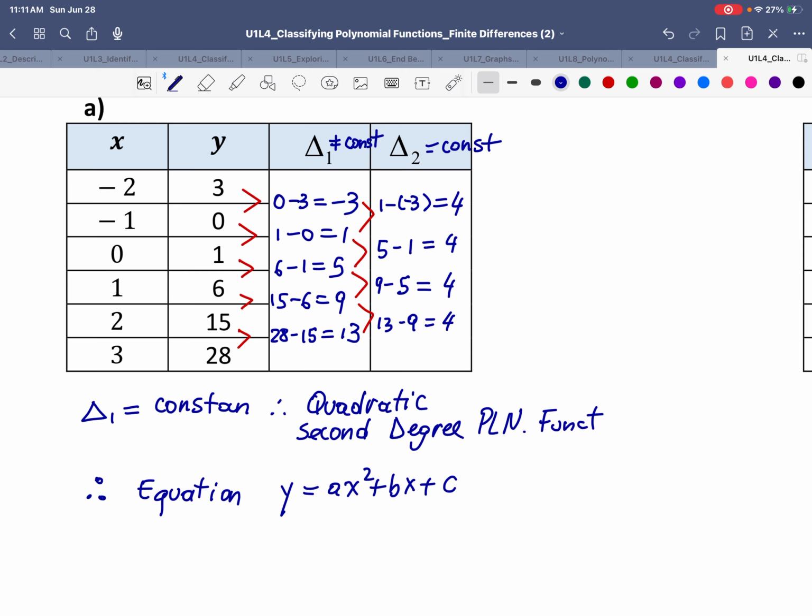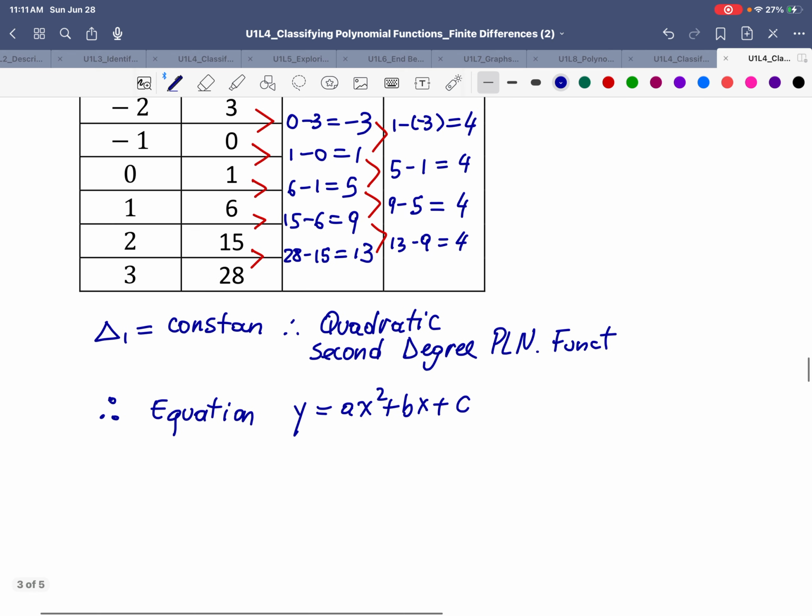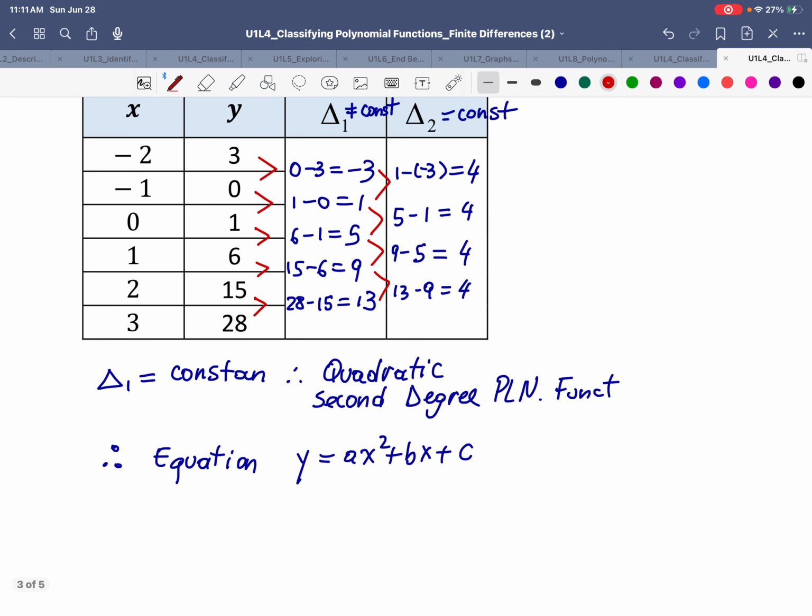Now let's think about how we are going to find all these coefficients. Remember that in quadratic functions, we say that a is 1/2 of delta 2. We said that c is y at x equals 0. So let's explore them. Delta 2 is 4. So that means that the value of a would be equal to 1/2 of 4.